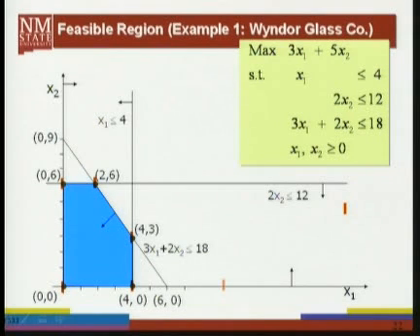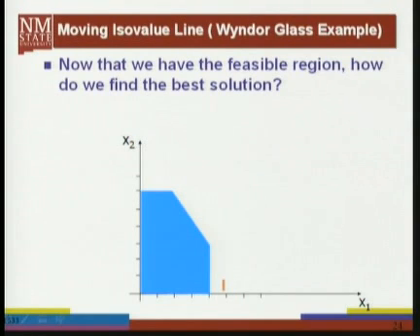Now let's search for the optimal solution. To find the optimal solution, we need to graph a line on which all the points have the same z-value. That is called the isovalue line, right? To draw an isovalue line, we just need to choose any point in the feasible region and calculate the corresponding z-value, right?